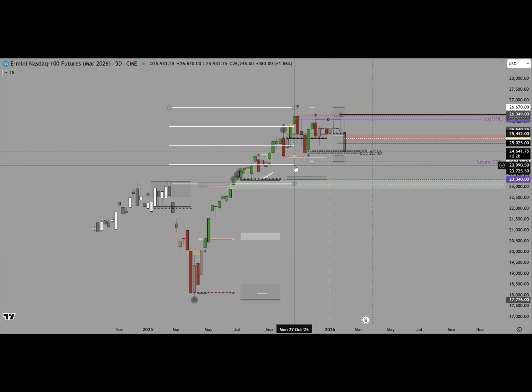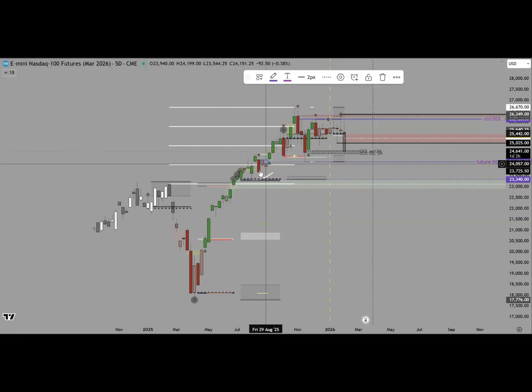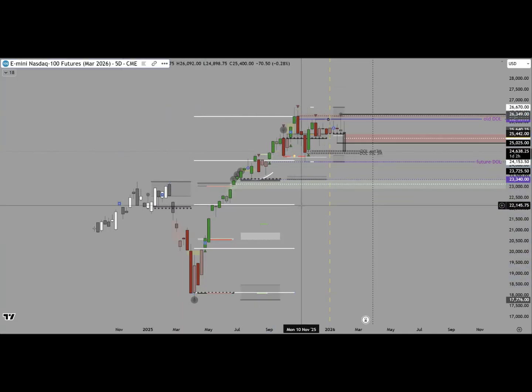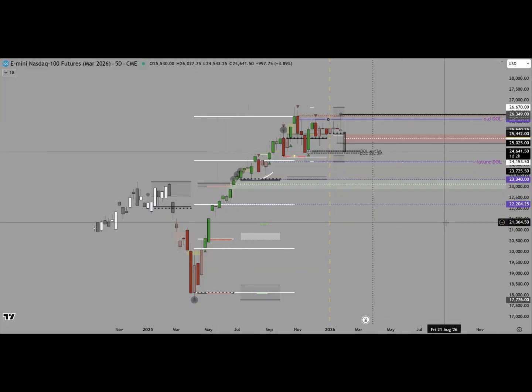Over here is discount, so this area is very likely a draw, and let's mark it here. And if we do this, using for example the body's 50%, it's a very likely draw, equal lows over here. So that's the gem.